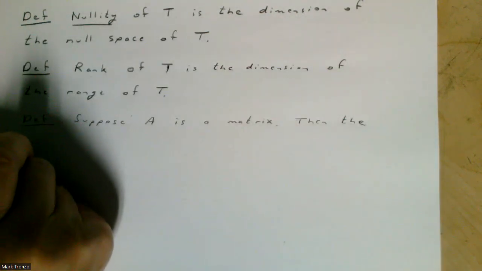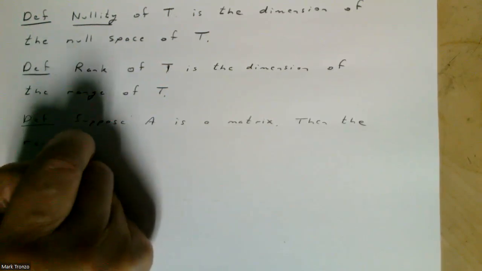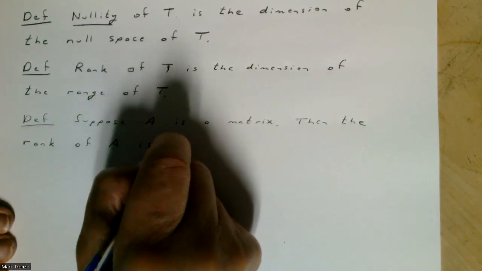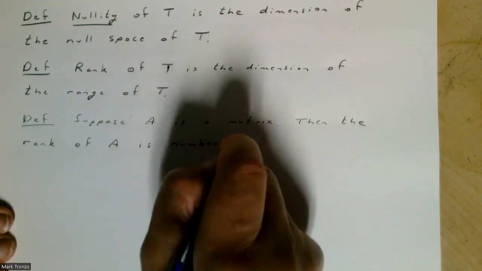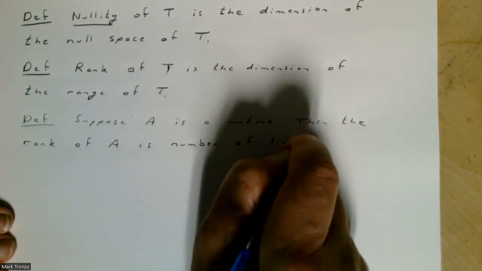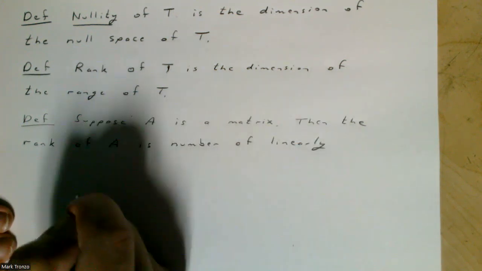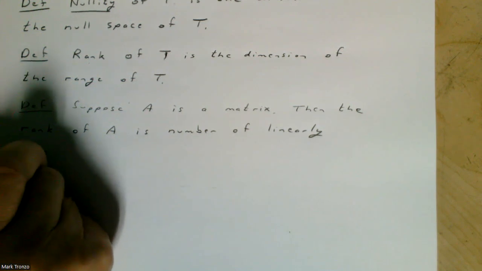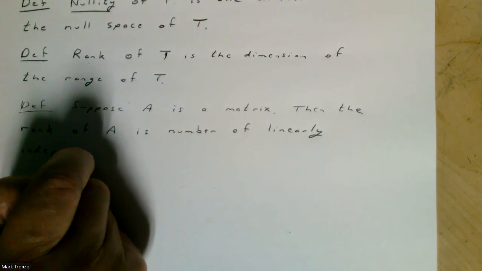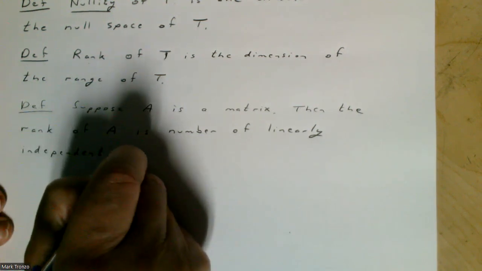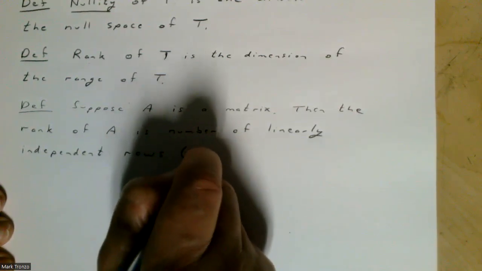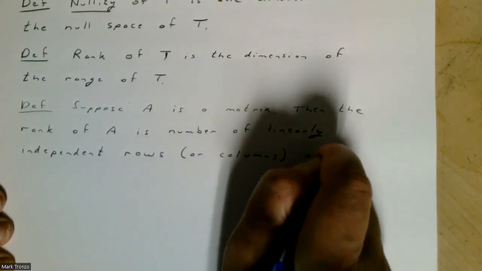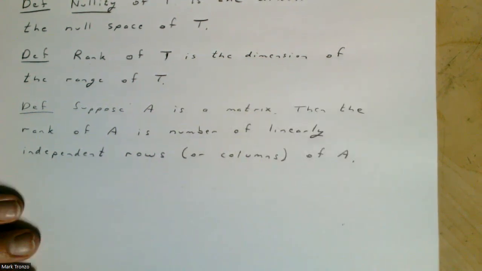Then the rank of A is the number of linearly independent rows or columns of A. So there's actually a couple of ways.